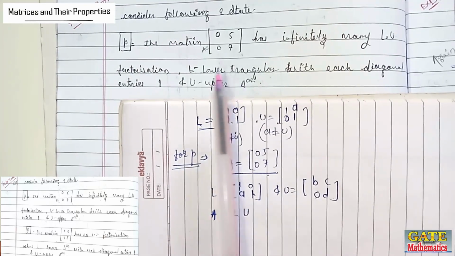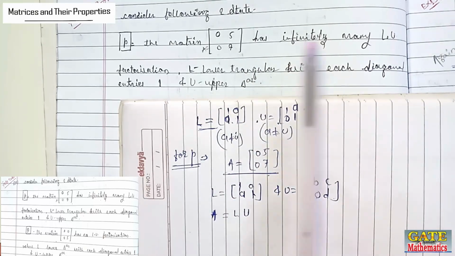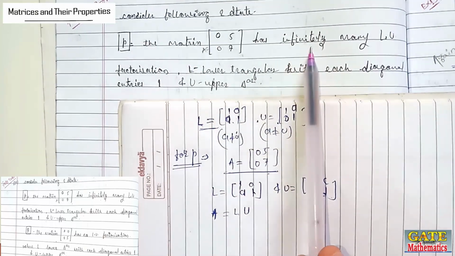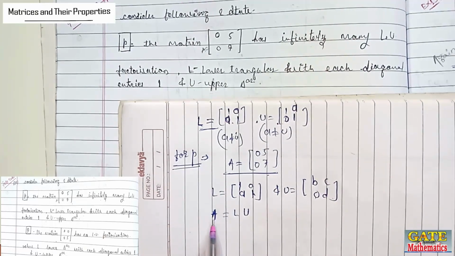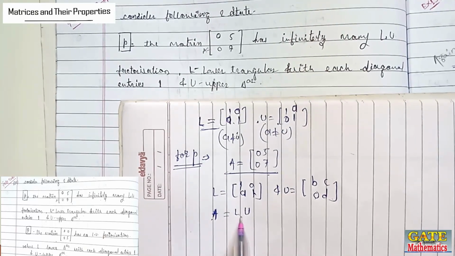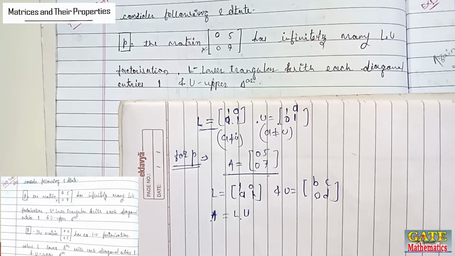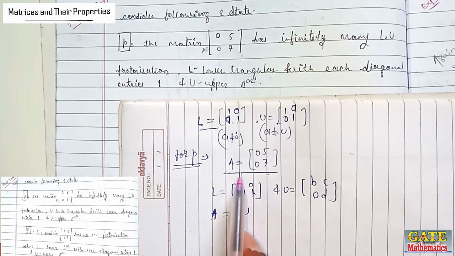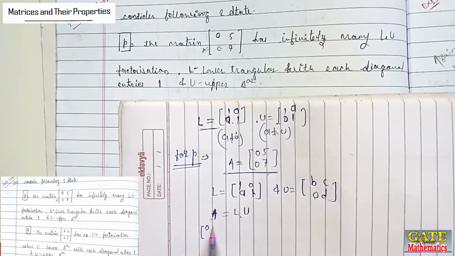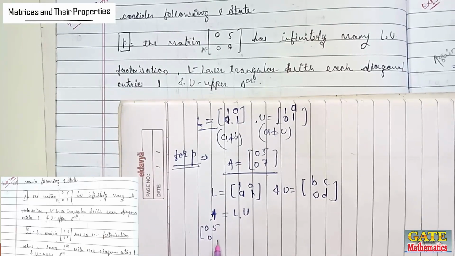It is already given that A has an LU factorization, but is it infinitely many or finitely many? We don't know, so we have to check whether it is infinitely many or not. So A can be written as 0, 5, 0, 7.